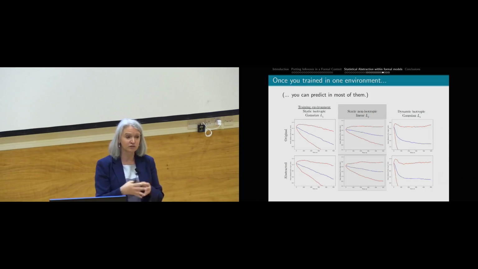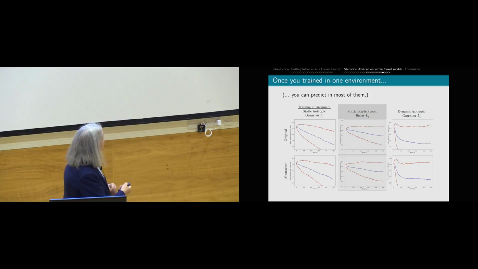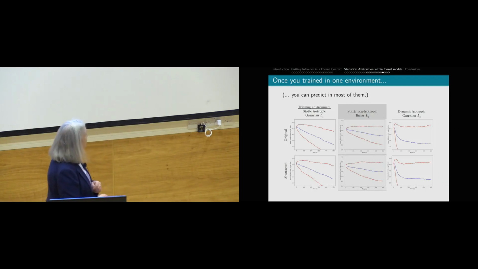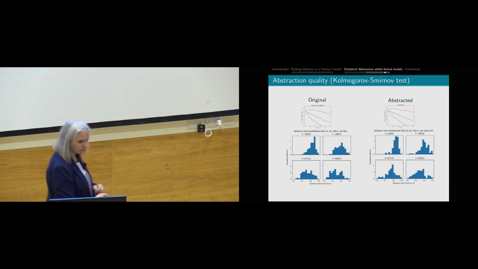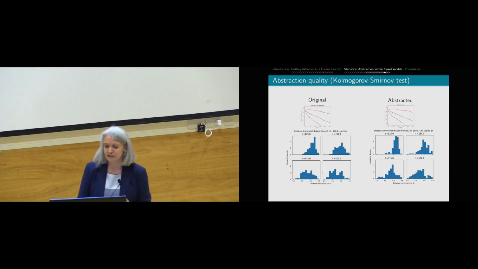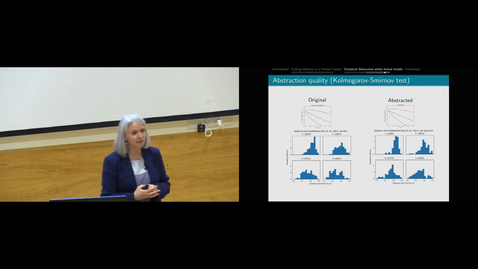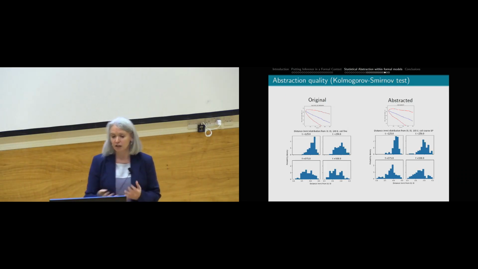So the field is changing all the time. And what we see here is at the top, the micro simulations with the full model, and below the abstracted ones, so much smaller.